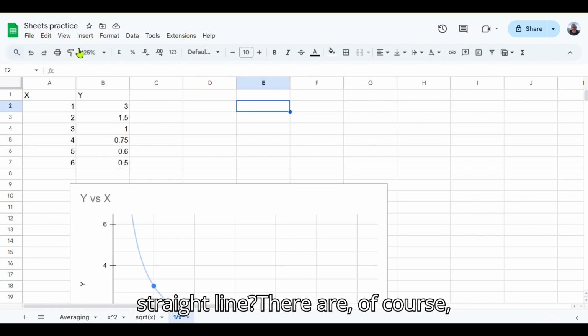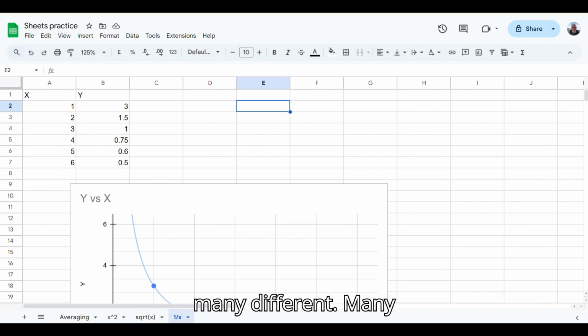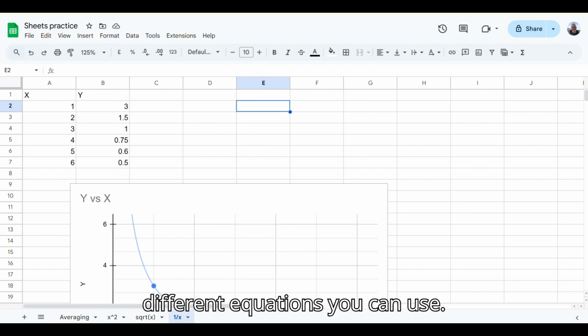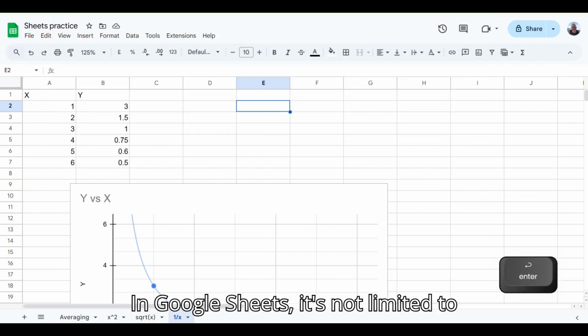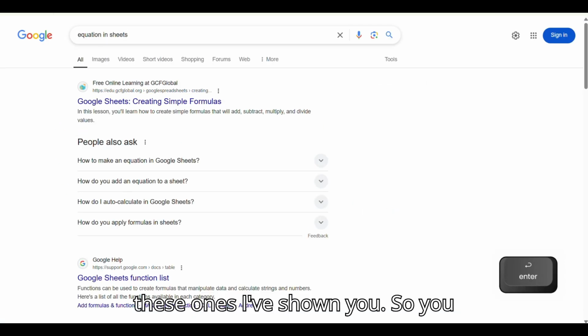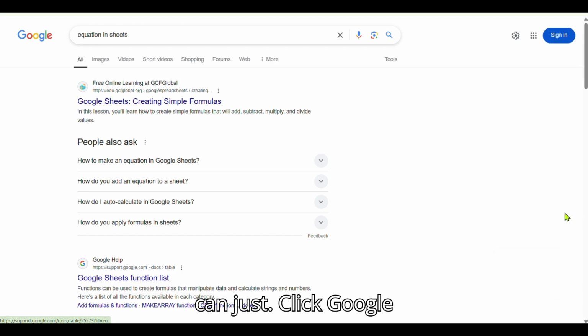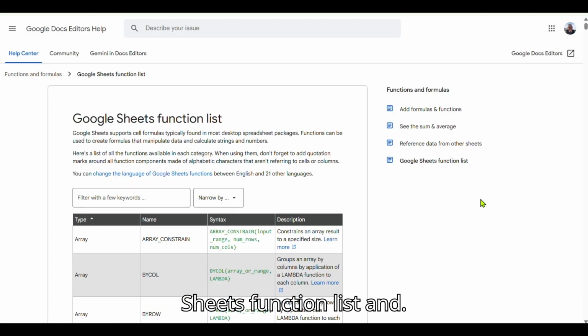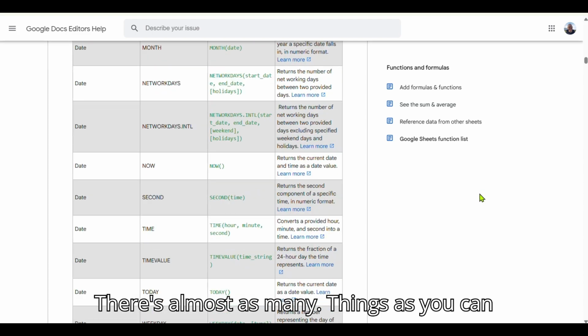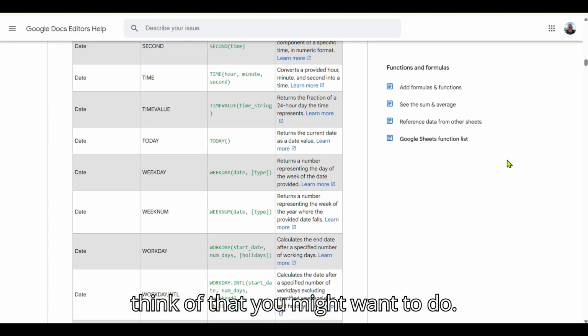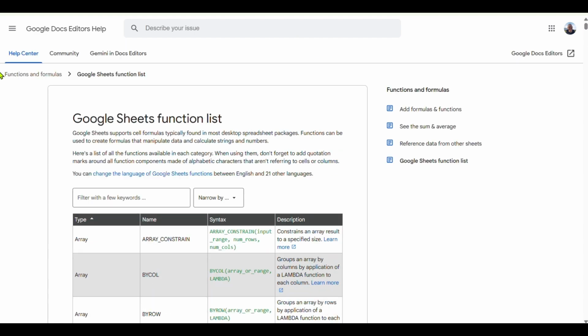There are, of course, many different equations you can use in Google Sheets. It's not limited to these ones I've shown you. So you can just click Google Sheets function list, and there's almost as many things as you can think of that you might want to do.